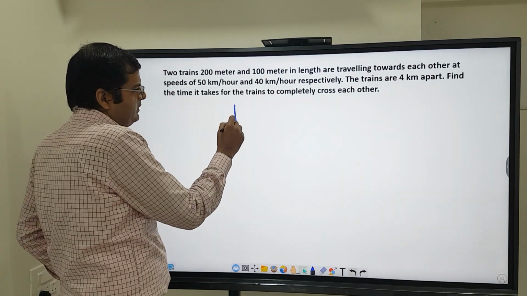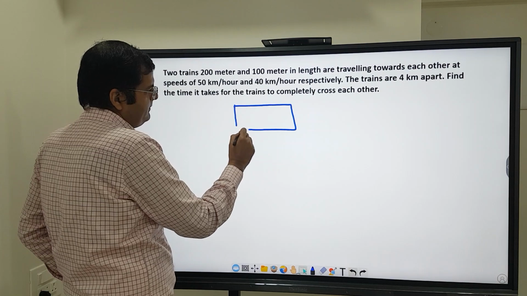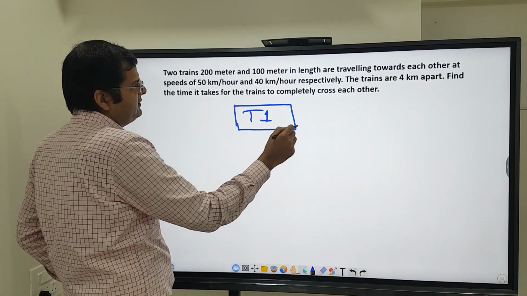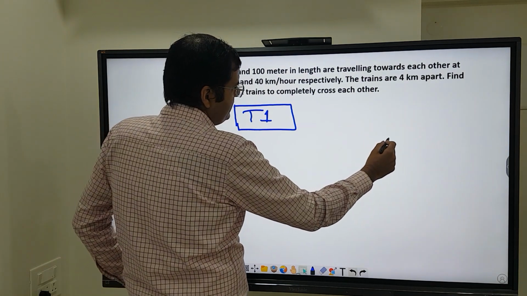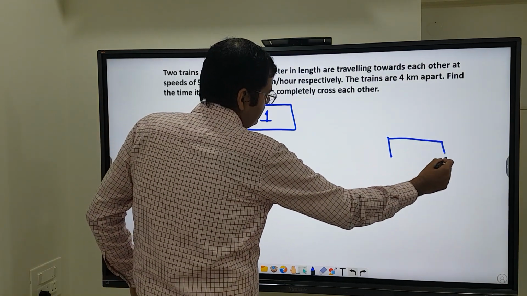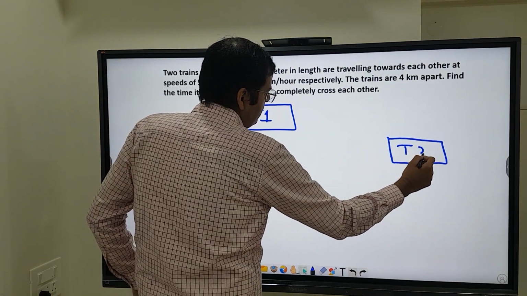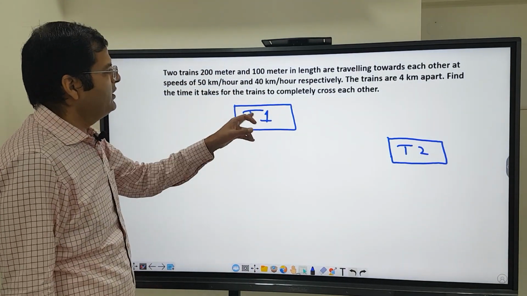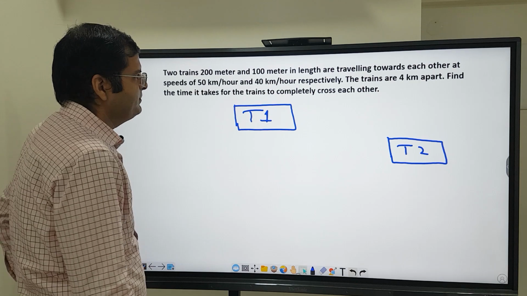Okay. So let's say this is train T1, which is 200 meter in length, and let's say this is train T2. They are obviously on different tracks, only then they will be crossing each other. So this is 200 meter in length, this is 100 meter in length.